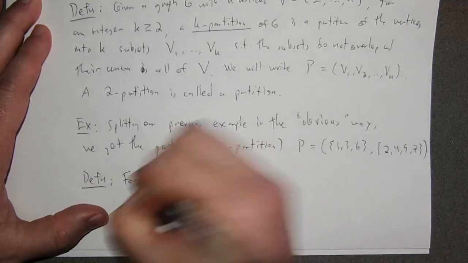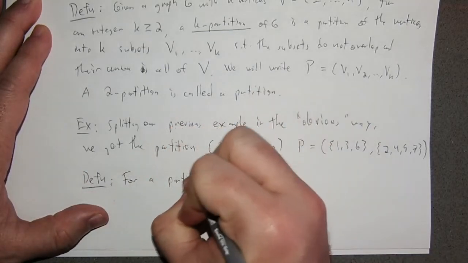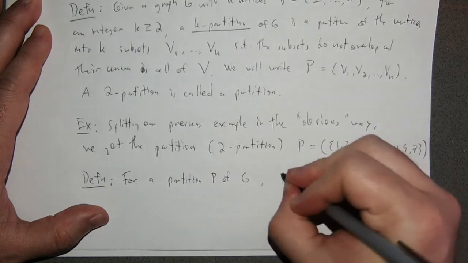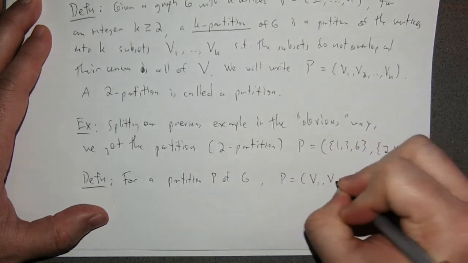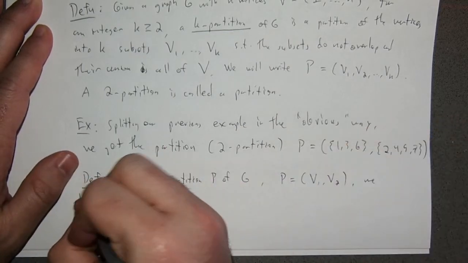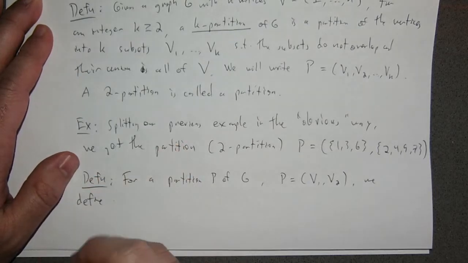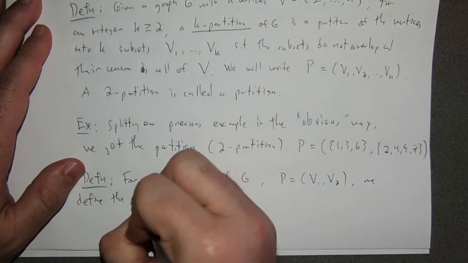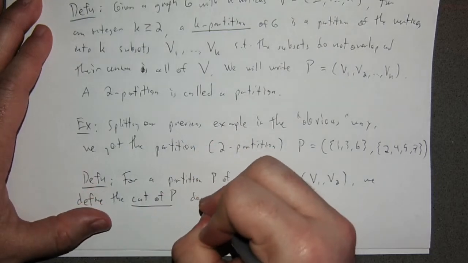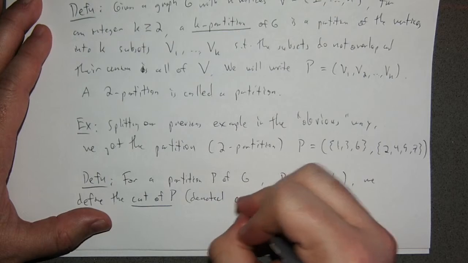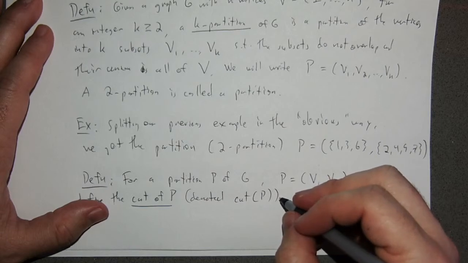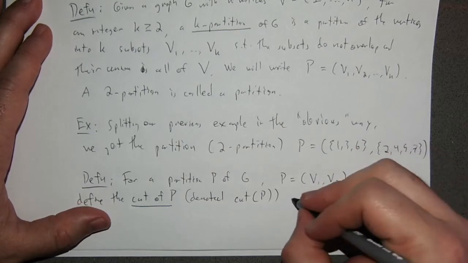So for a partition P of G, where P is a two partition, V1, V2, we define the cut of P, denoted cut P, as the number of edges joining a vertex in V1 with a vertex in V2.